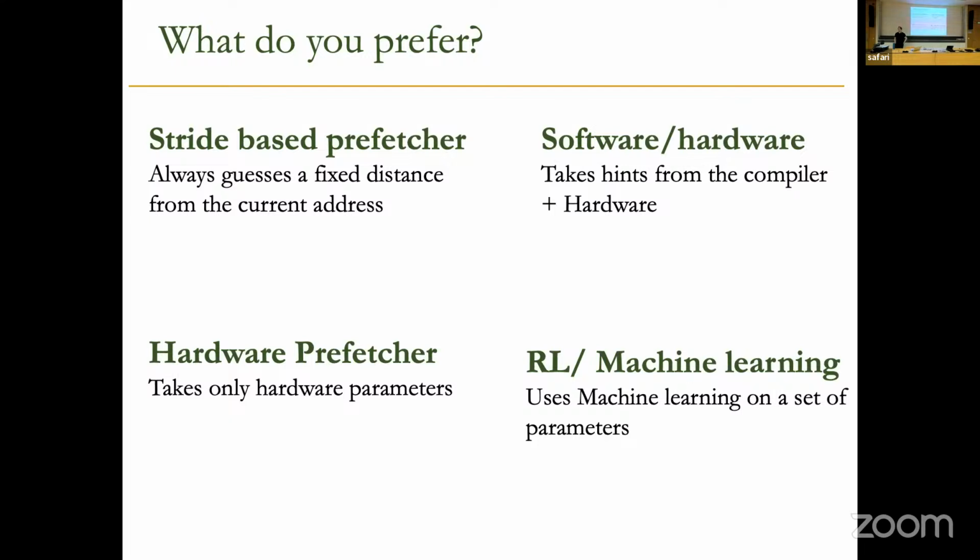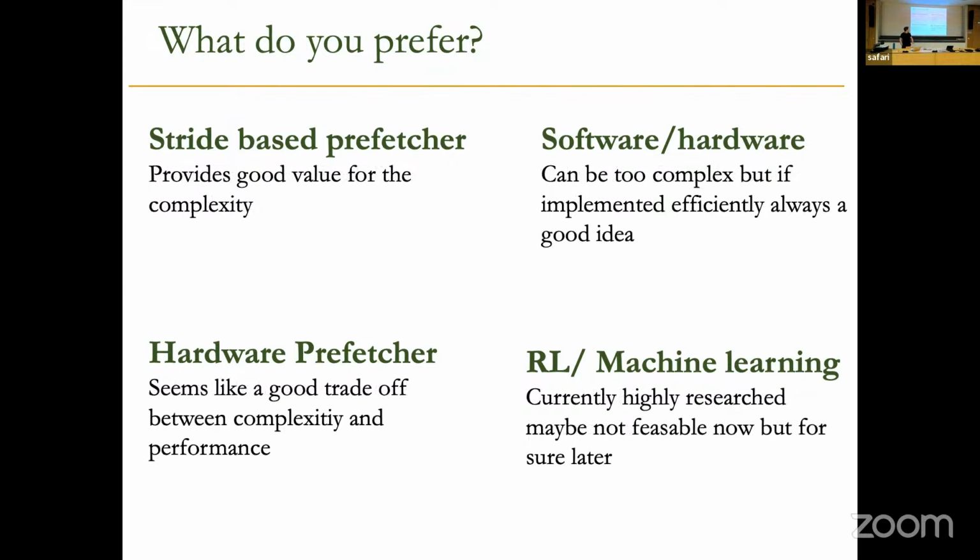Not really, no machine learning for prefetching. Currently most prefetchers that are being used are stride-based prefetchers. Just a quick information: I don't know what Intel is using, they don't disclose that, but most prefetchers are stride-based because they're cheap and they provide good values, as you said, in matrix multiplication and arrays.